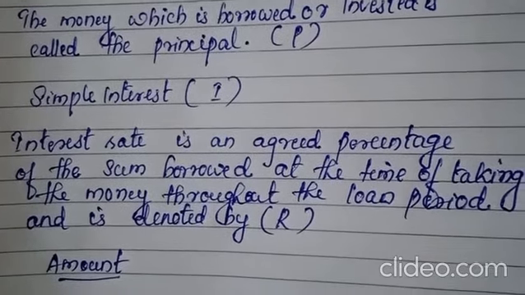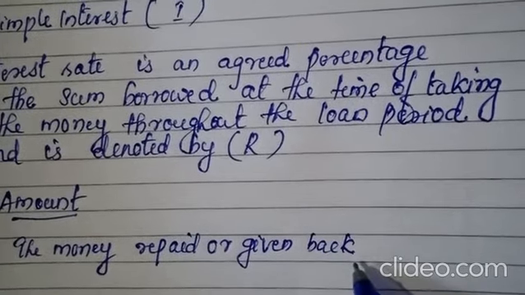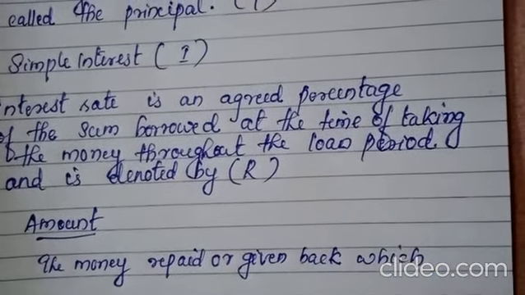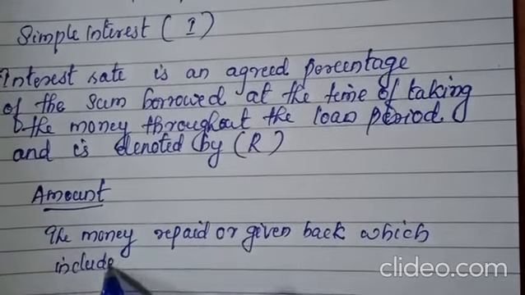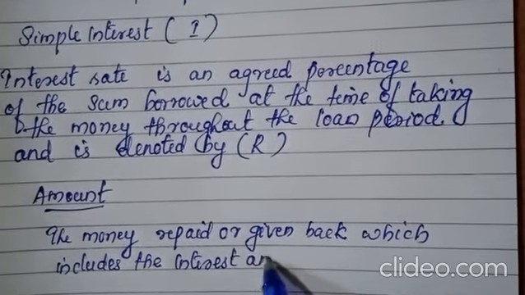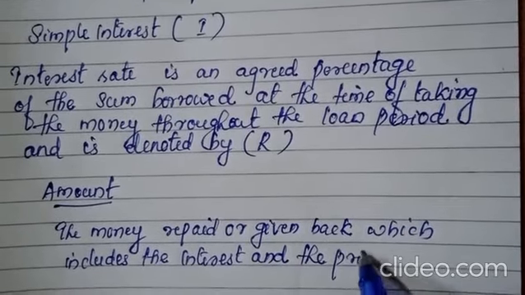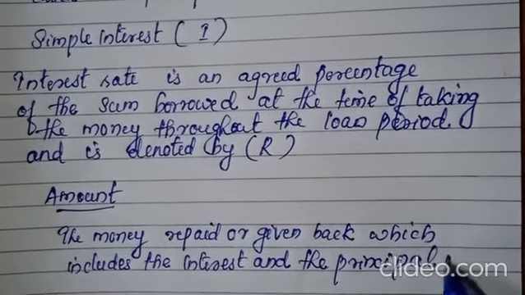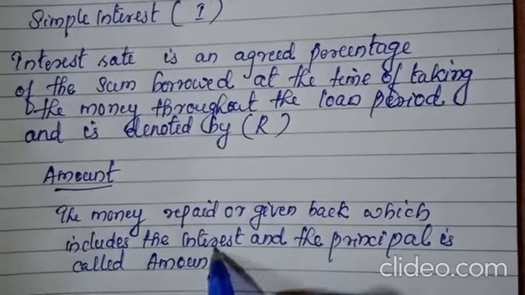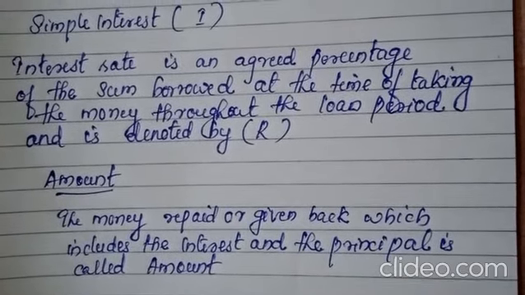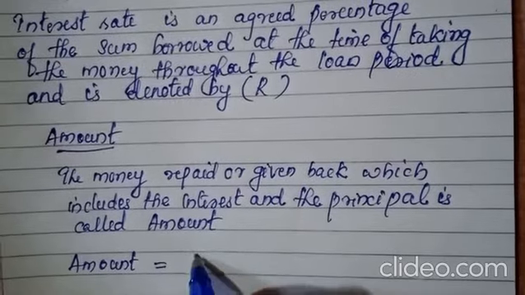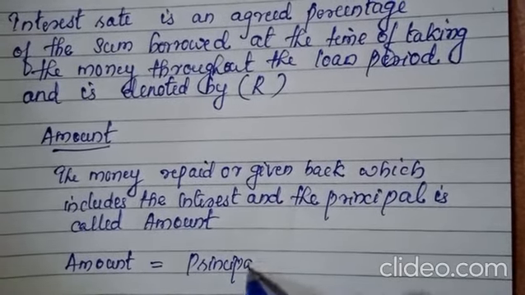So, how should we find amount? Amount is equal to principal plus interest, is it?